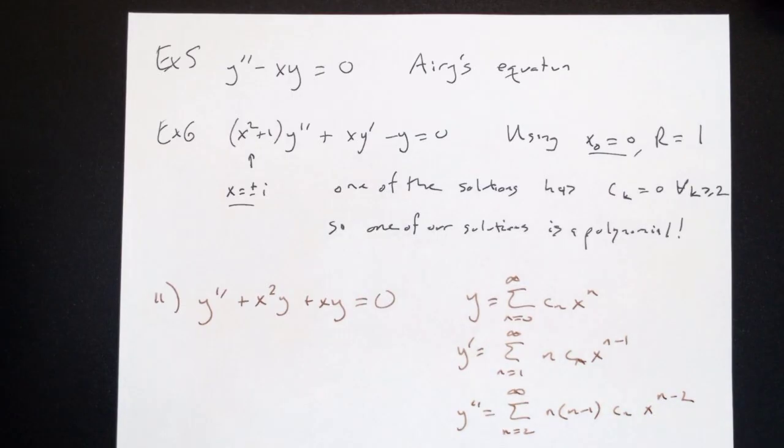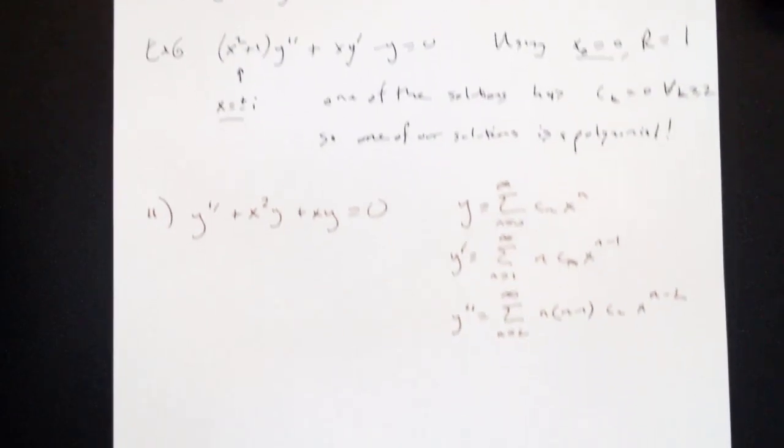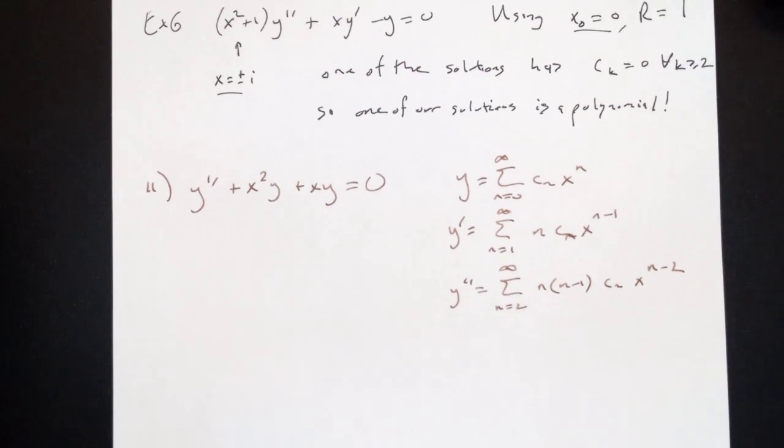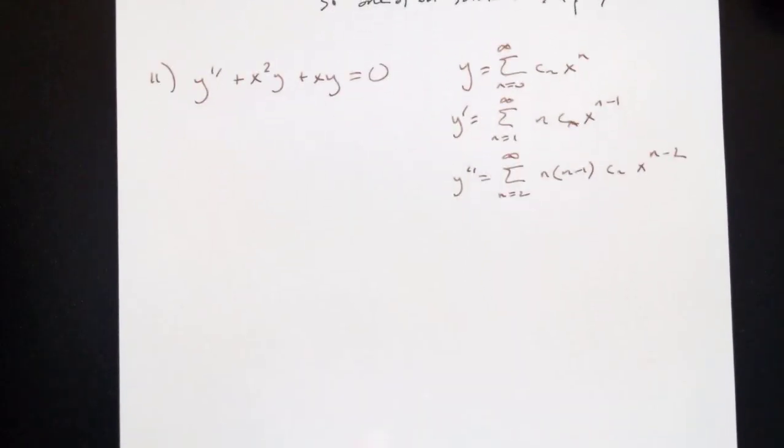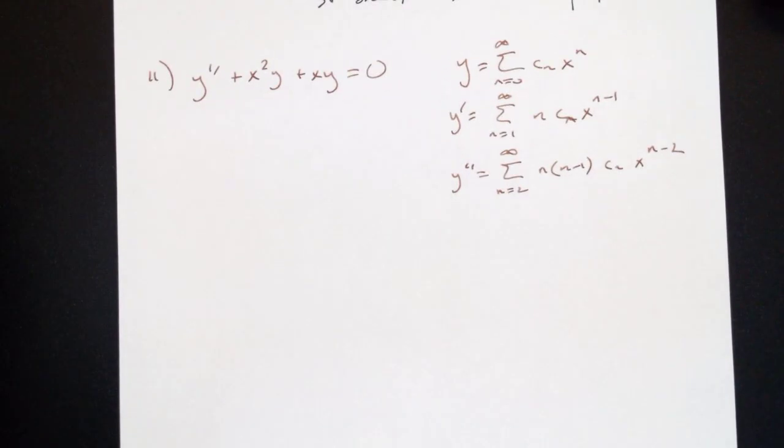So here are my series to start with. So let's put those in for y double prime, y prime, and y respectively. Oops, as I realize, I think I made a copy error. Hang on a second while I check.